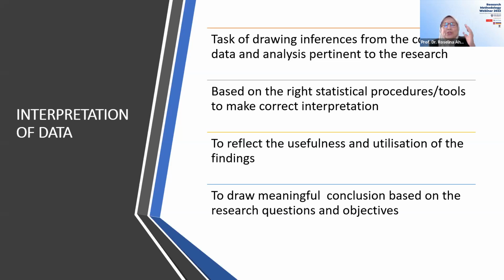You have lots of items, but you do not use them when you want to imply or discuss the findings. Some students try to search for something from the sky, whereas the answer is in your questionnaire design, your interview protocol, or your observation findings. The answer is there, but why do you need to go and search from the sky? It is all there.